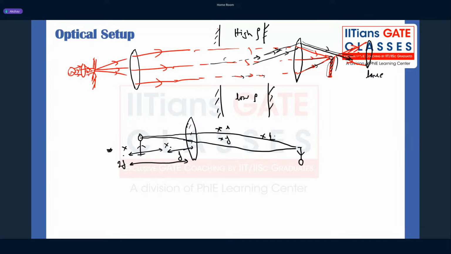It falls away from that. This is what you have studied during your high school physics: if an object is sitting between f and 2f, the image will fall beyond 2f.